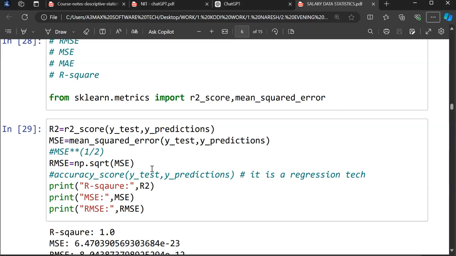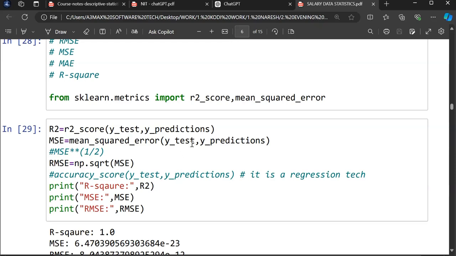Done this, guys. Now create R square. R square, you always compare between y_test and y_pred. y_test means the actual table, y_pred is the predicted table. Guys, are you getting my point? Classification also, accuracy is always compared on y_test and y_pred.